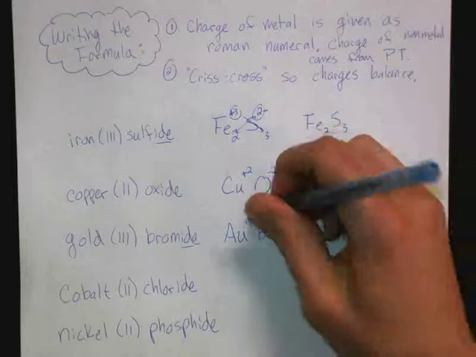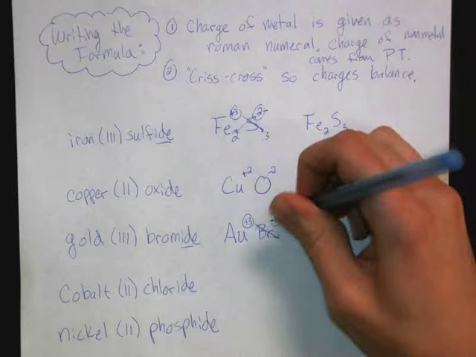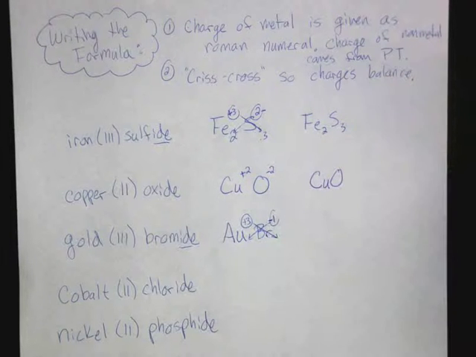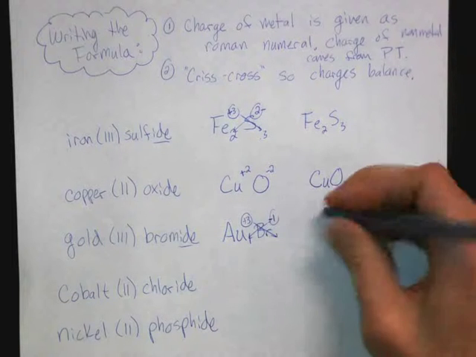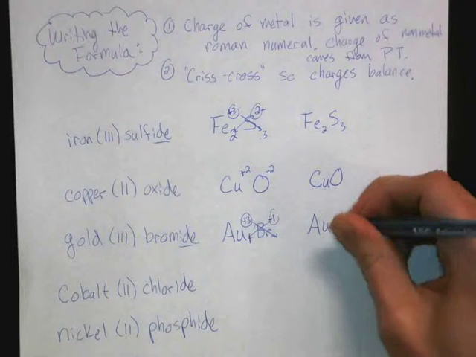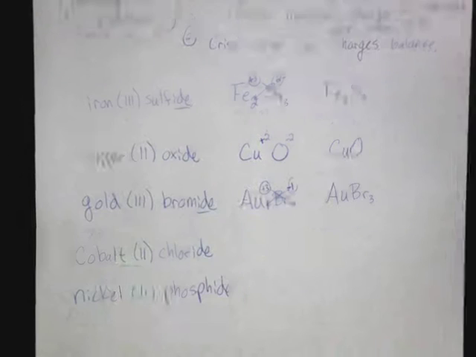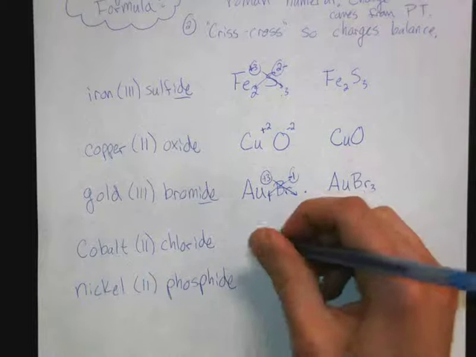These are not equal, +3 and a -1. So I have to crisscross my charges. The 3 comes down, the 1 comes down. Well, because it's a 1, I don't actually have to write the 1. It's implied already. So if I just put AuBr3, that would be the better way to write this.